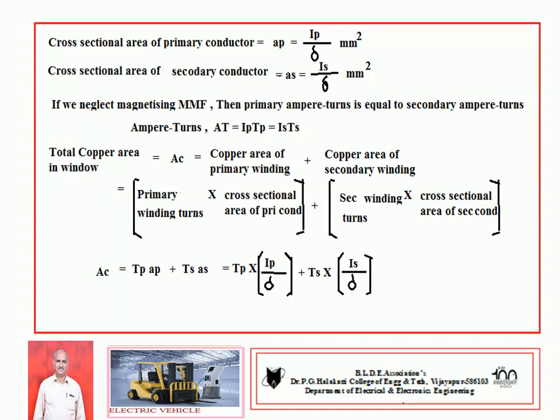Hence, knowing the primary winding copper area and the secondary winding copper area, you can add them. Then you replace the area of the conductors by current and current density. AP is replaced by IP divided by current density, and AS is replaced by IS divided by current density.